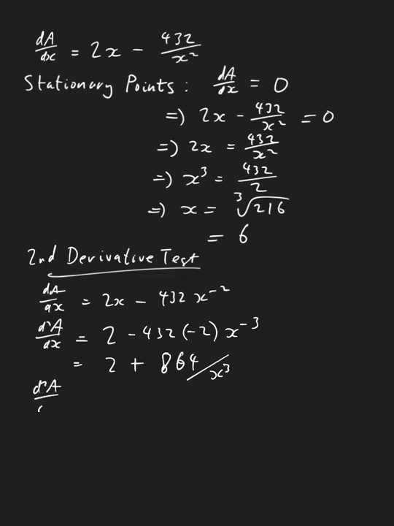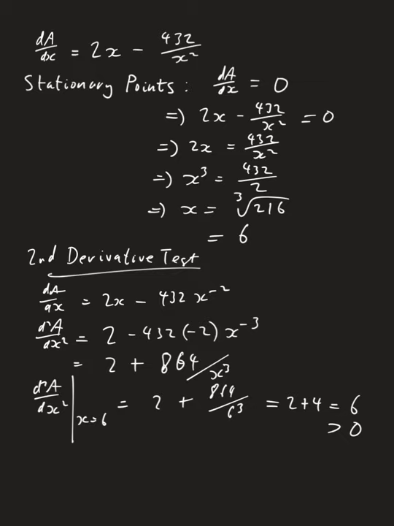So the second derivative, d squared A by dx squared, at x equal to 6 is equal to 2 plus 864 divided by 6 cubed, which is equal to 2 plus 4, which is 6. So that is definitely greater than 0.